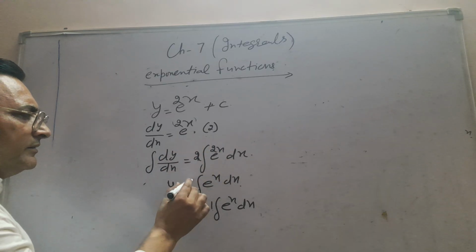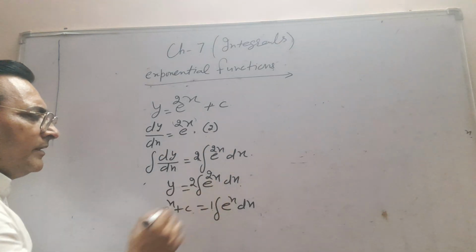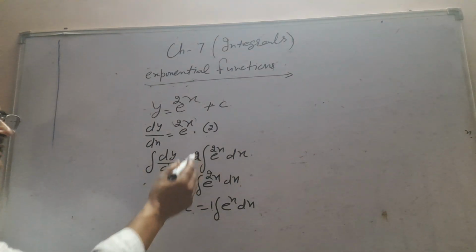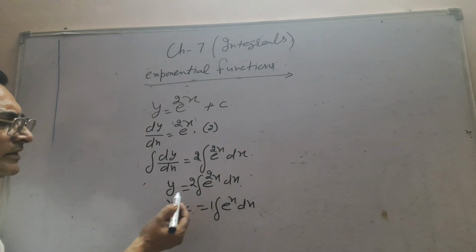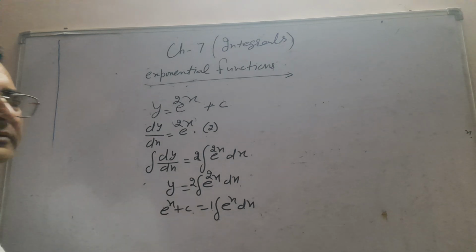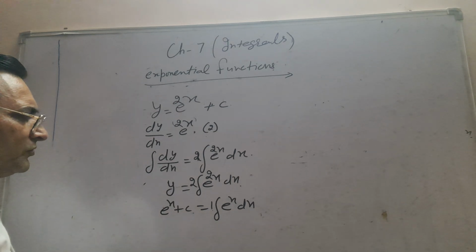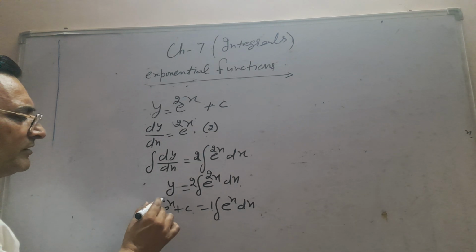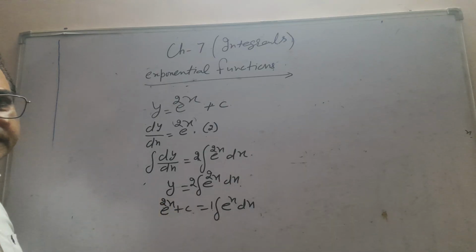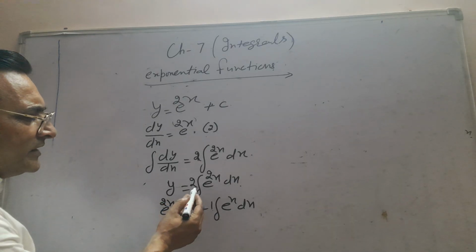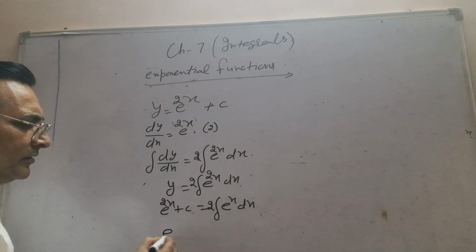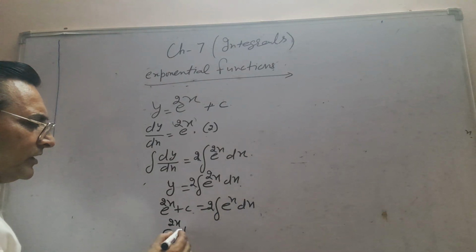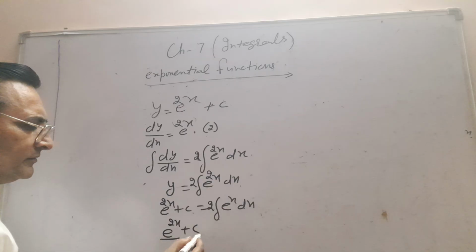We can write the 2 outside because it is a multiple of e power 2x. When we take the integral on both sides, this 2 will be in the denominator. So the y value is e power 2x plus c, with this 2 written in the denominator.